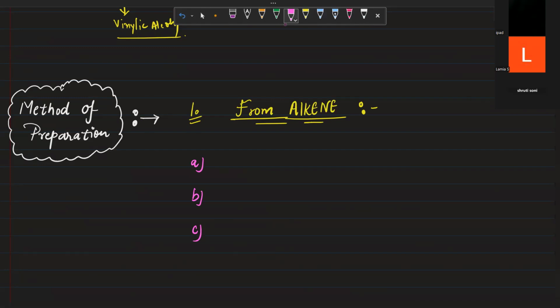Then we discuss structure, then method of preparation, and then chemical properties. Wait, so IUPAC, structure, method of preparation, chemical properties, right? Yeah. Okay.